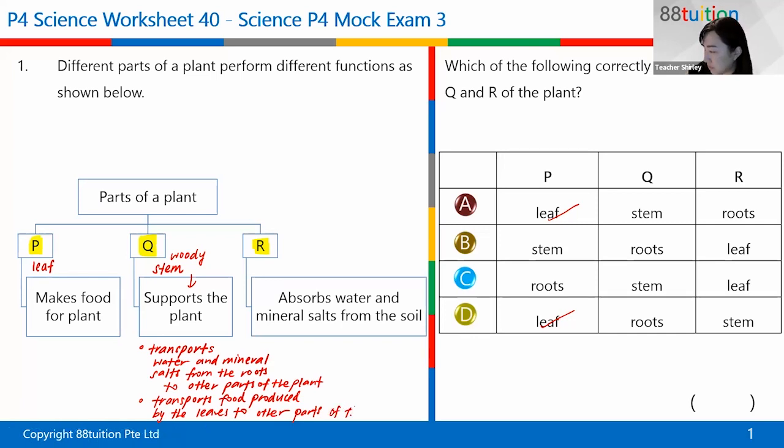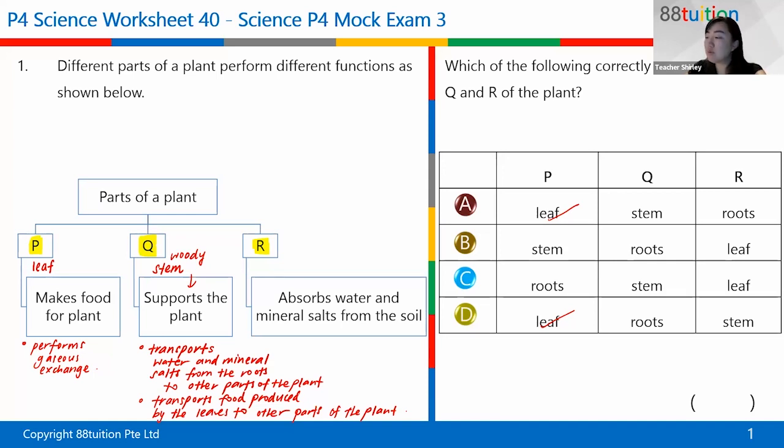Now, one thing I missed out just now is another function of the leaf: it performs gaseous exchange as well. So on top of making food for the plant, it performs gaseous exchange. These are the additional functions. It doesn't just have one function.